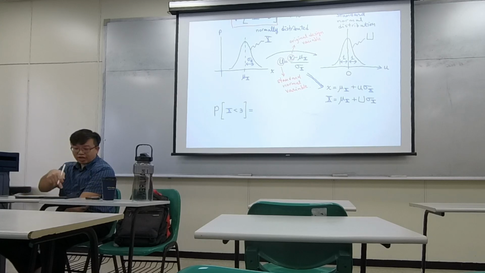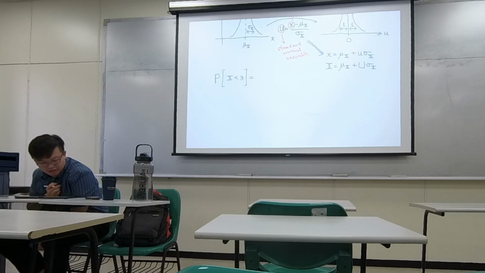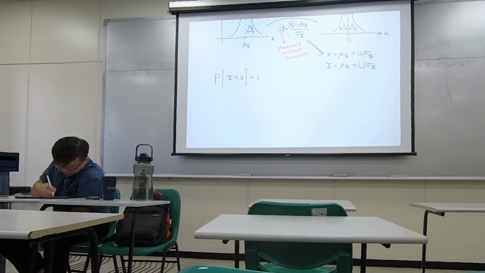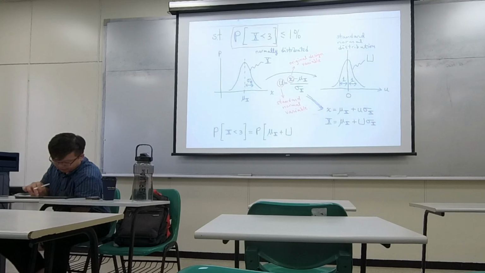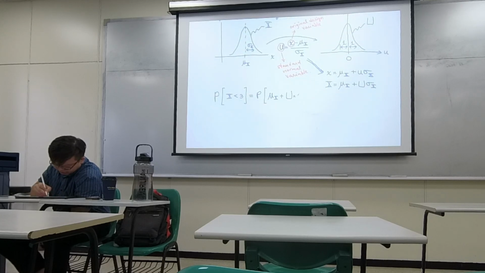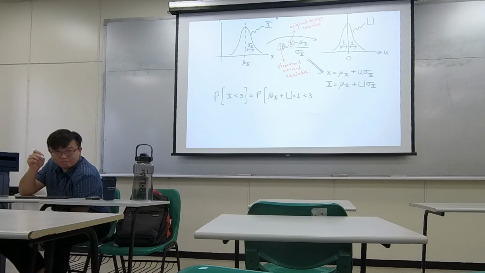Okay, so I can rewrite the equation in such a way: mu x plus u sigma. What is my sigma right now? My sigma right now is 1, right? So times 1. And what is my mean value right now?